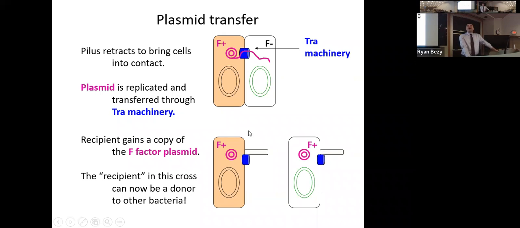But remember, it's a copy. The original donor cell is still there, still humming along, still has a copy of the F factor plasmid. But now the recipient cell got a copy of that and is also now F positive in and of itself. That can go on and spread those DNA sequences to more cells. So the recipient in this cross can also act as a donor cell to additional bacteria over time.